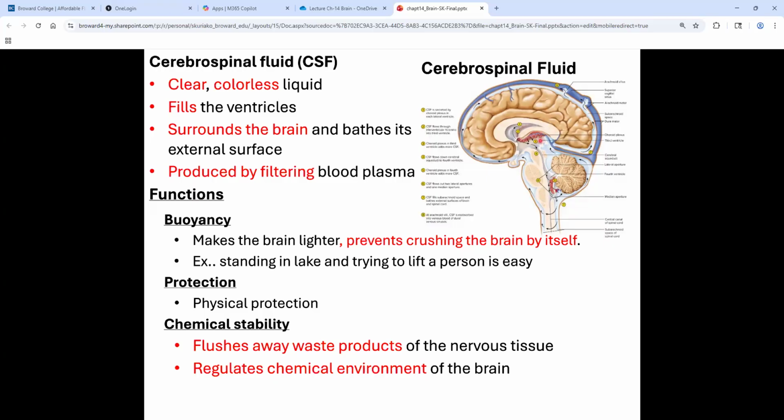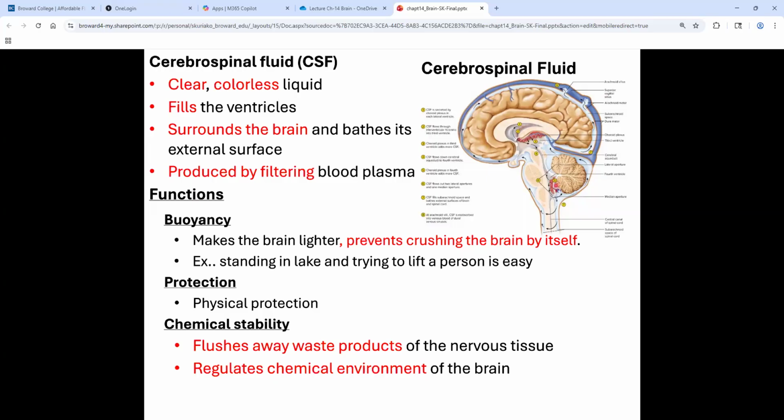We said that there are two types of cells in the nervous system. One is the neuron, and the other one is the glial cells. So ependymal cell is a glial cell, and that produces CSF. And you can see all the ependymal cells are here, and this little area is called the choroid plexus. So that's where the CSF is produced.